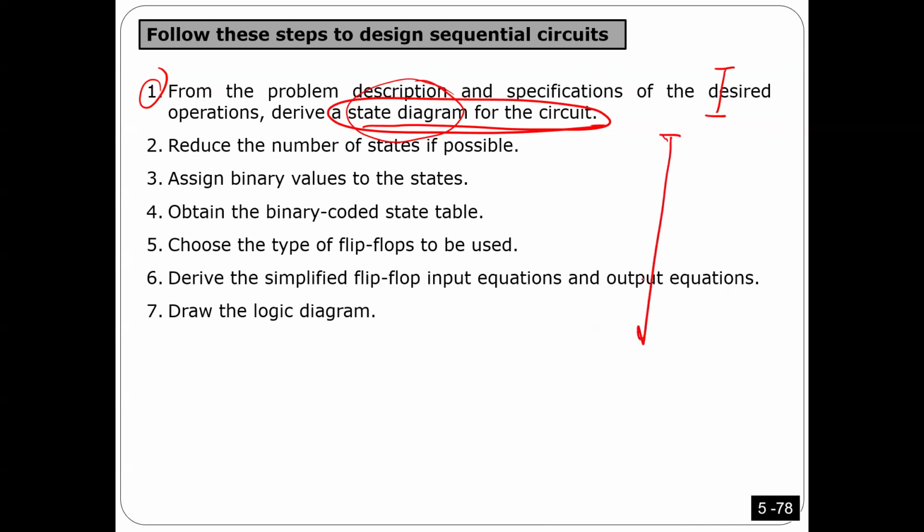After that, everything here is just steps. Straightforward steps, but usually the most difficult part is how you can make a state diagram that actually does exactly what you want to do. I can make an analogy here.